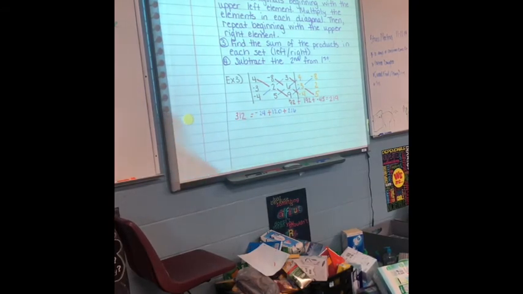Then it says to subtract the second from the first. The first was 219, the left side, minus the right side, 312, gives me a difference of -93, and that is my third order determinant.